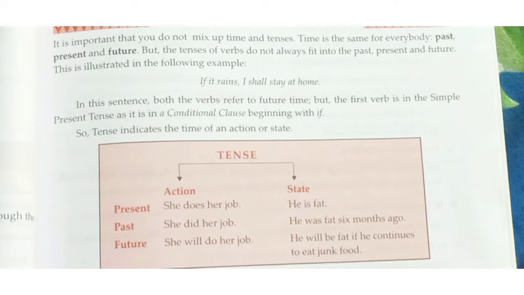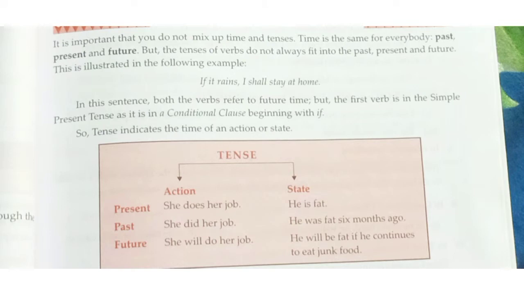But the tenses of the verbs, which means the tenses of the actions, do not always fit into the past, present, or future. So we have their uses accordingly. Sometimes we use the past tense, sometimes we use the present tense.